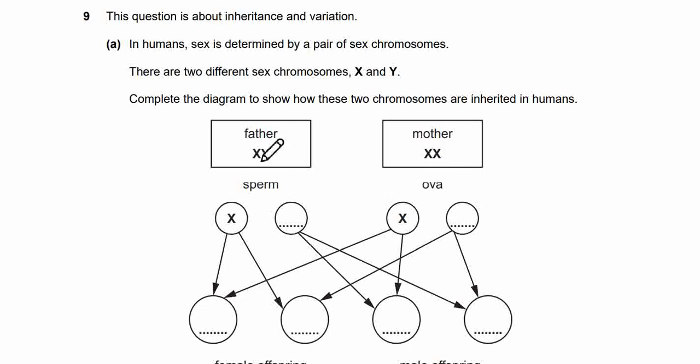So then we separate them, X and then Y here, X and X. Now each of the chromosomes pair up.